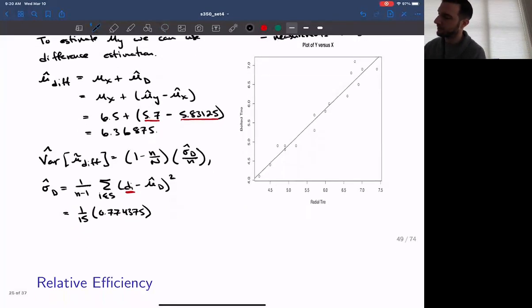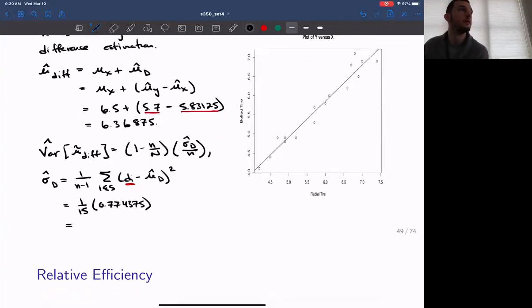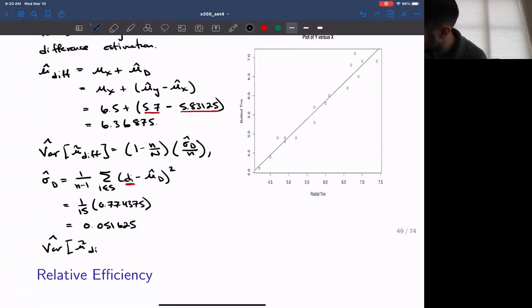Okay, and then that is going to be equal to 0.051625, which means that our variance of mu tilde diff will be equal to 1 minus 16 over 35 multiplied by 0.051625 divided by 16, which is 0.00175.